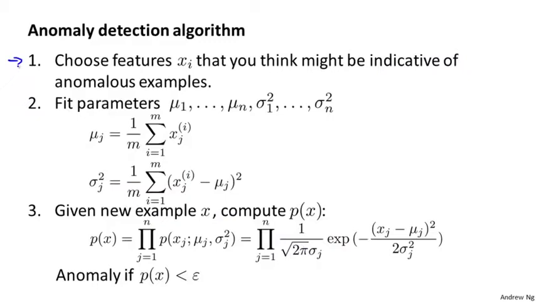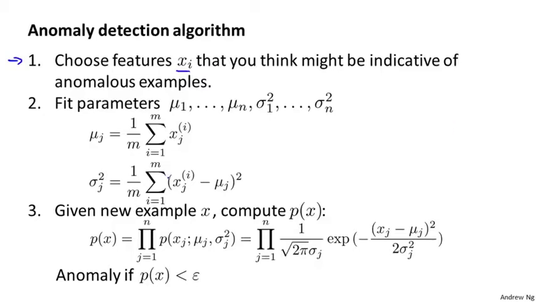What I mean by that is try to come up with features so that when there's an unusual user in your system that may be doing fraudulent things, or, for the aircraft engine example, when there's something strange about one of the aircraft engines, choose features xi that you think might take on unusually large values or unusually small values for what an anomalous example might look like. But more generally, just try to choose features that describe general properties of the things that you're collecting data on.